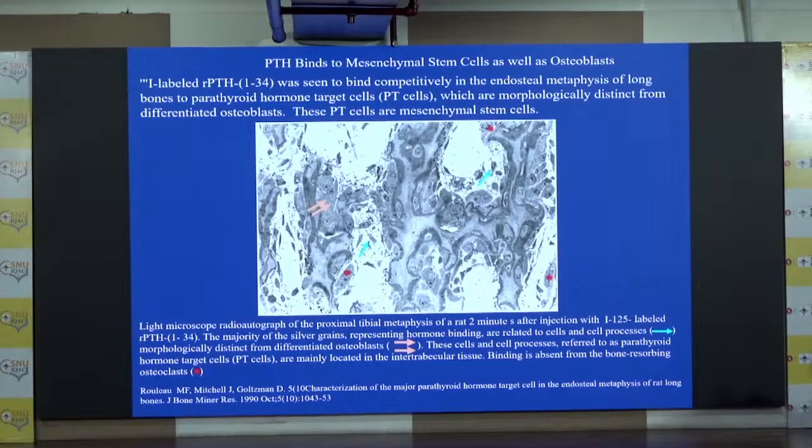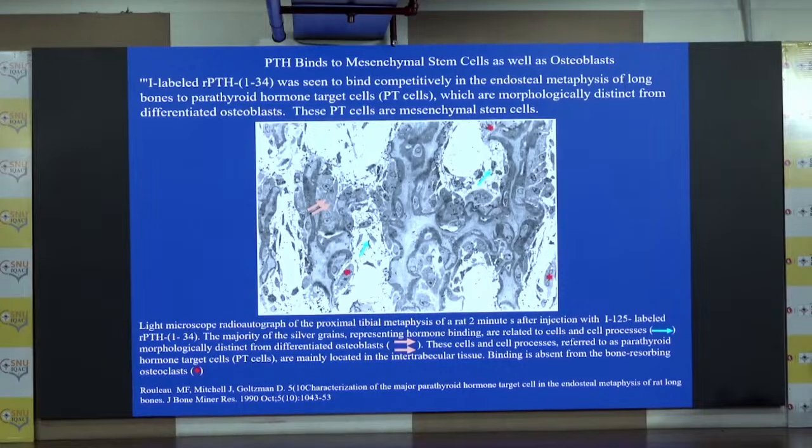It also bound to mature osteoblasts, shown by the double arrows, so that it bound essentially specifically to cells of the osteoblast lineage rather than to osteoclasts.